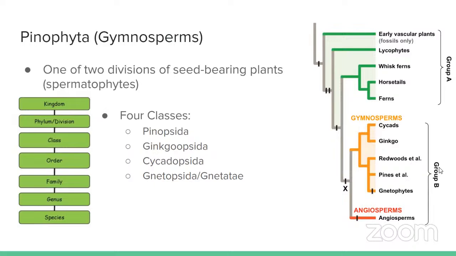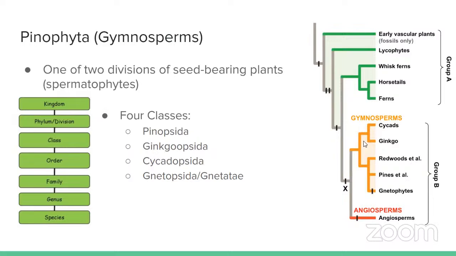Within our gymnosperms, depending exactly on our phylogeny, which paper we're looking at, we're going to have probably four classes of plants that we're going to talk about. We're going to talk about Pinopsida, which is really the conifers. We're going to talk about Ginkgoopsida, which is really just one genus of plants, the ginkgo.